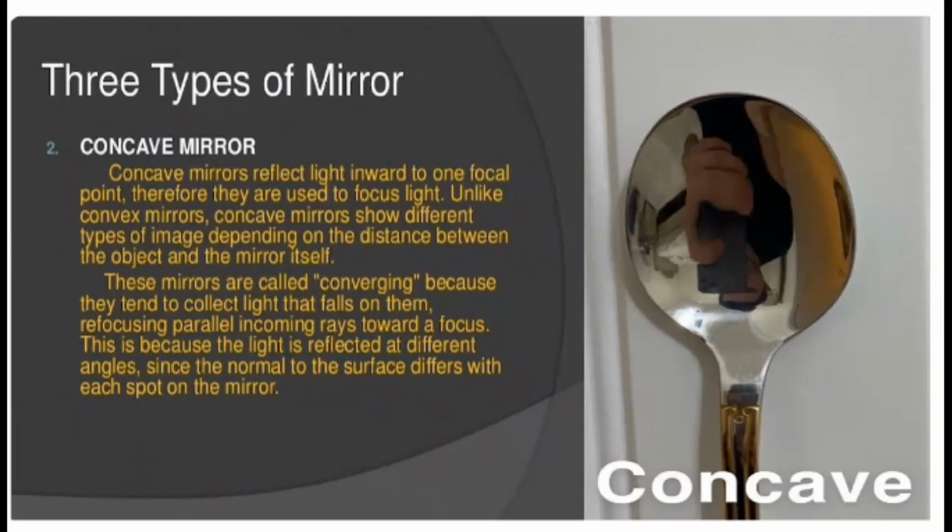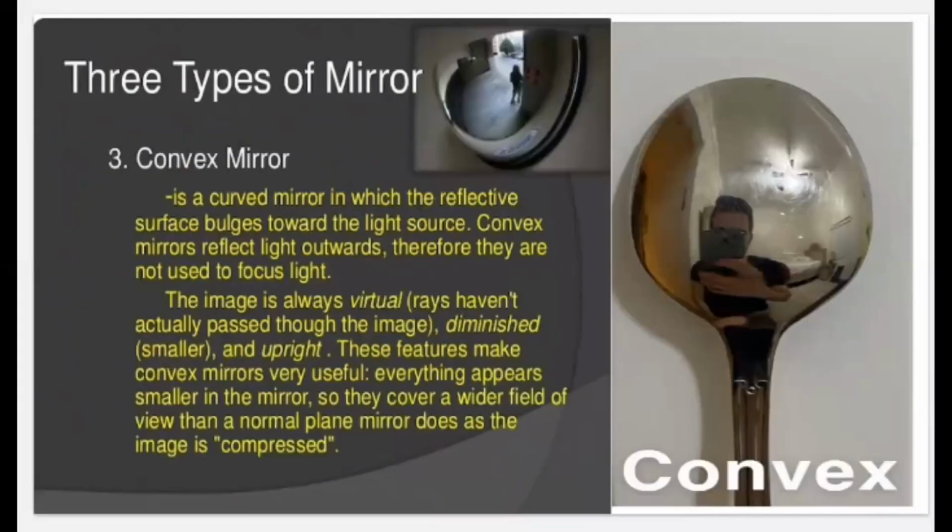The next type of mirror is convex mirror. Now let's see what is convex mirror. It is a curved mirror in which the reflective surface bulges out towards the light source. The convex mirror reflects light outward, therefore they are not used to focus light.